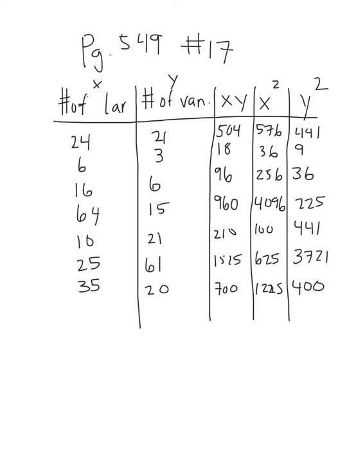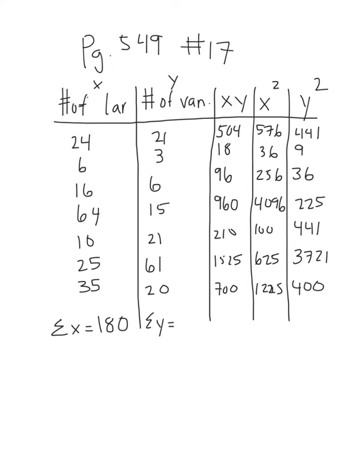In order to obtain the correlation coefficient, or the R value, we need to find the sums in each one of these columns. So the symbol for sum is this uppercase sigma. The sum of this column here is 180. If we add all the numbers up in this column, the sum of the y's, we'd get 147.